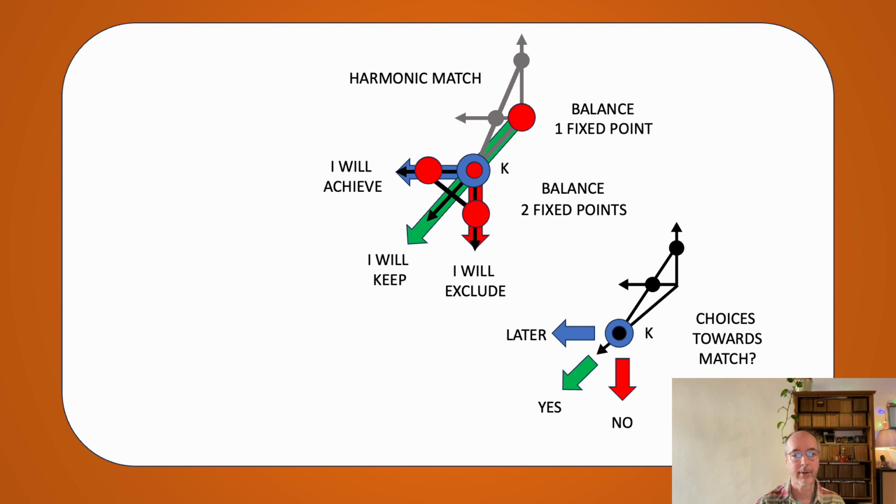And this is very important for the extensions. Here it will mean that for the harmonic match to extend the balanced fixed point to a next balanced point, I need to deal with these 3 options: that maybe I will achieve it some day, or I am already receiving it, or I will not receive it, or I will even exclude it.